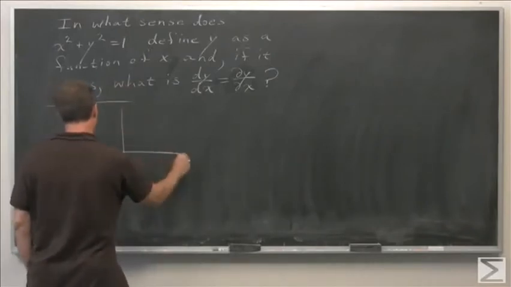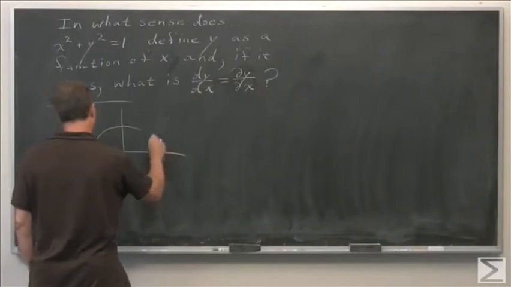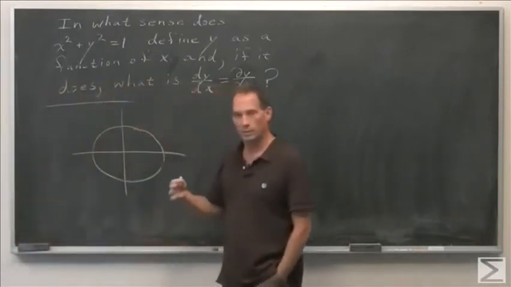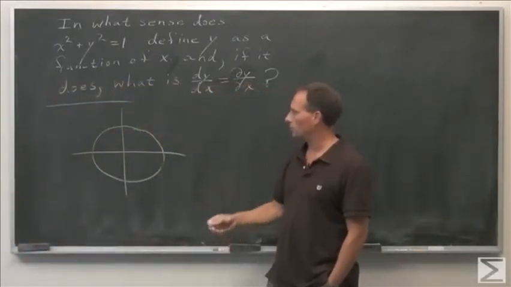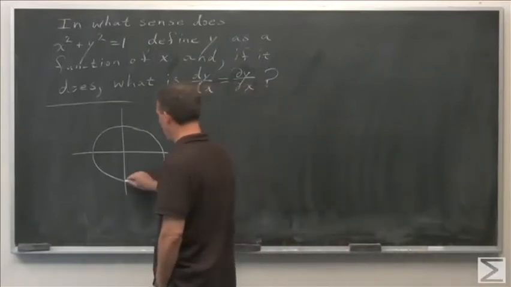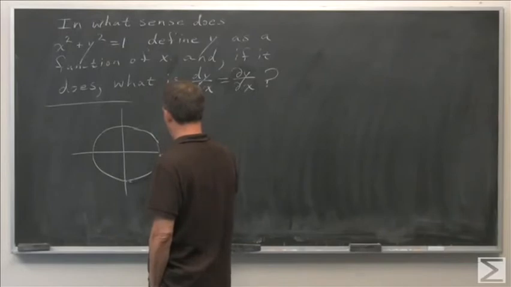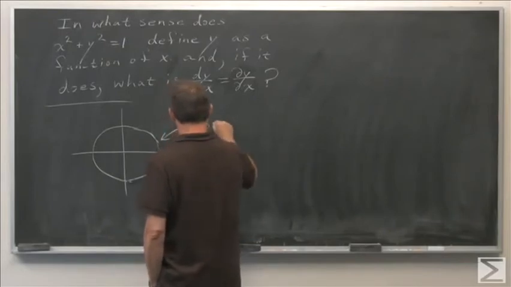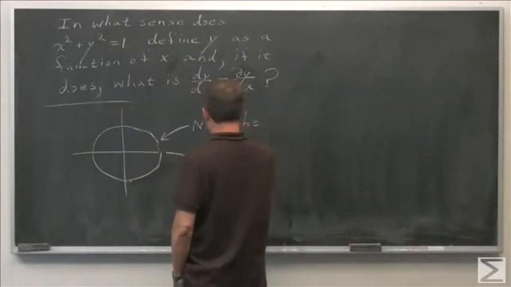Well, you should know that x squared plus y squared equals 1 is a circle of radius 1 centered at the origin, and this is not the graph of a function. Why not?